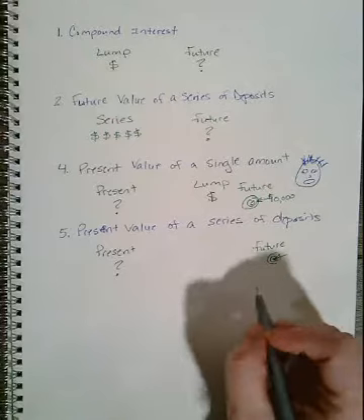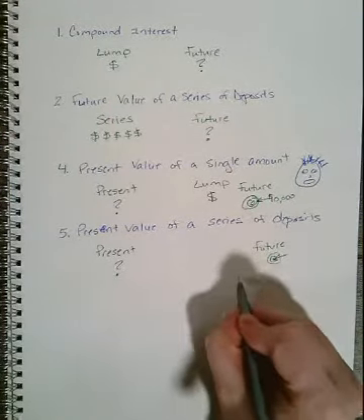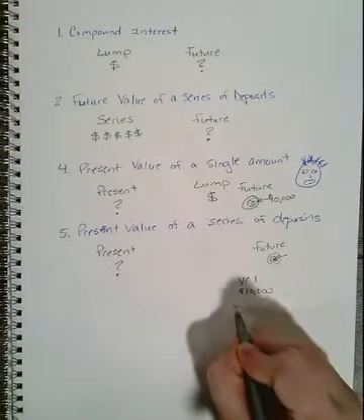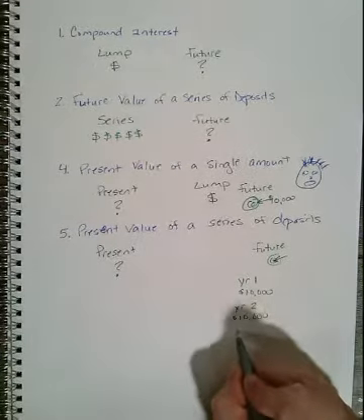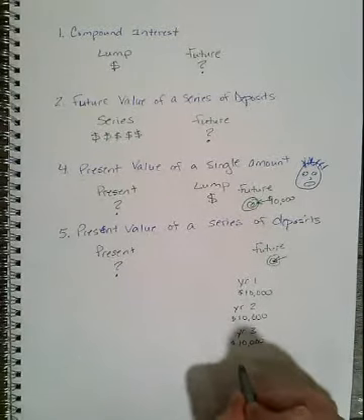So a very conservative estimate would be you need at least $10,000 a year for college. So for year 1, you need $10,000. Year 2, you need $10,000. Year 3, $10,000. Year 4, $10,000.